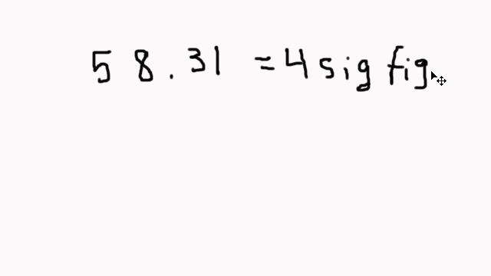According to rule number 1, every non-zero is significant. So 1, 2, 3, 4. This number has 4 significant figures. These 5, 8, and 3 are certain, and the 1 is an uncertain value. You don't know if that was rounded or not. But the point is they're all significant.